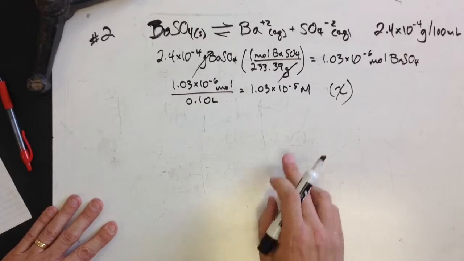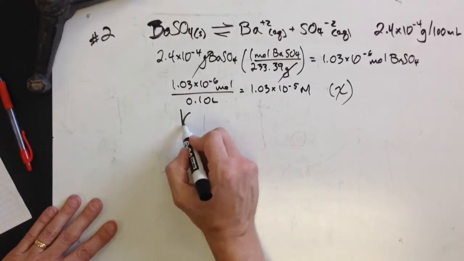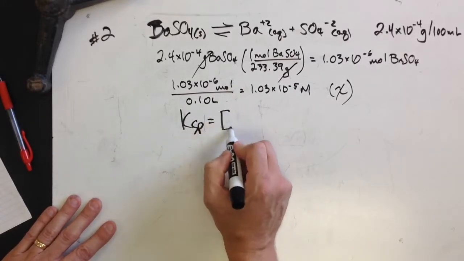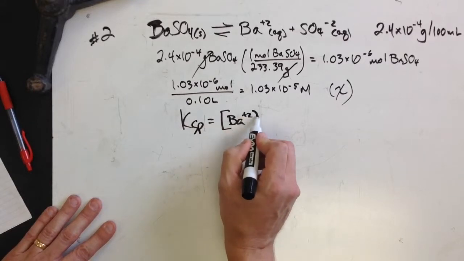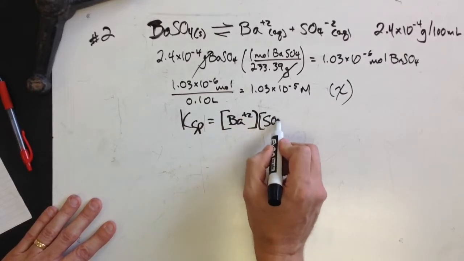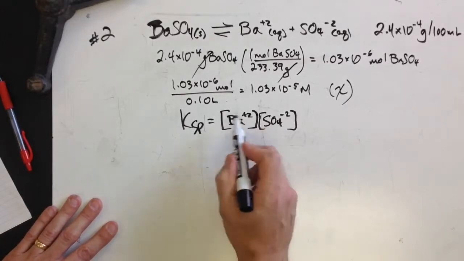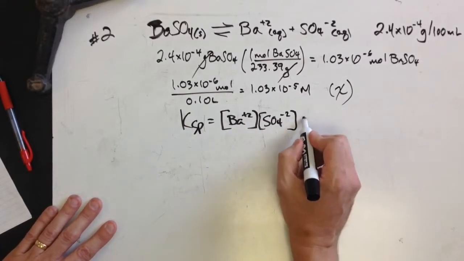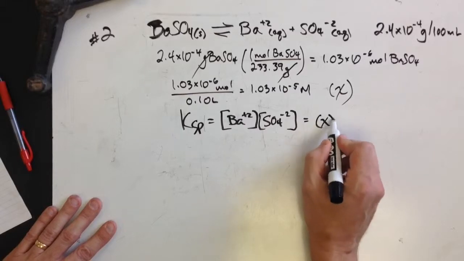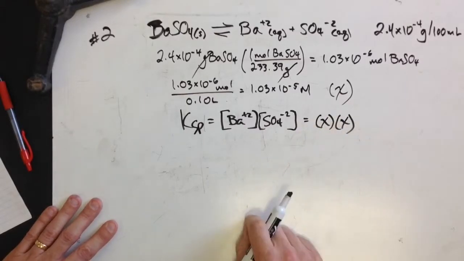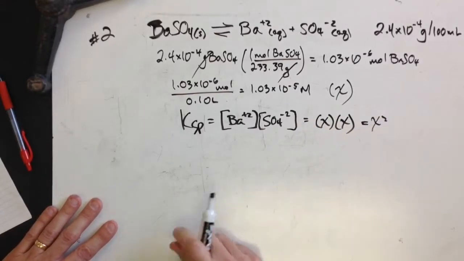Okay, so we know that the KSP expression is going to be barium ion and sulfate ion. Because it's a 1-to-1 mole ratio, then that's really just X times X, which is X squared.